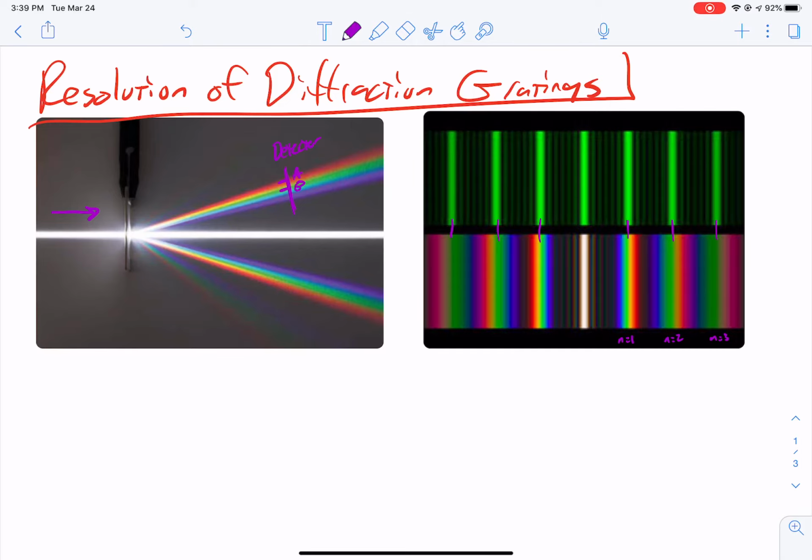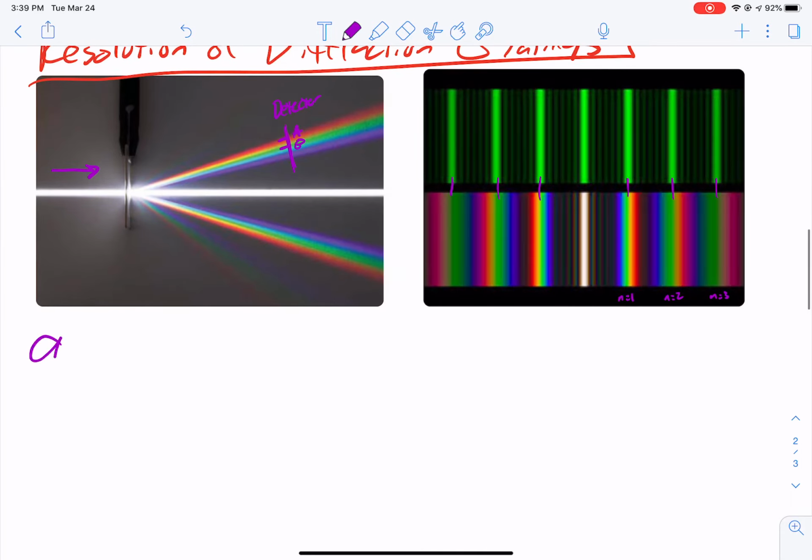Now, the equation we're going to be using is found in topic 9.4, and the equation says R equals lambda over delta lambda equals mN. Now, I told you at the beginning of this chapter, you have really got to pay attention to the variables.